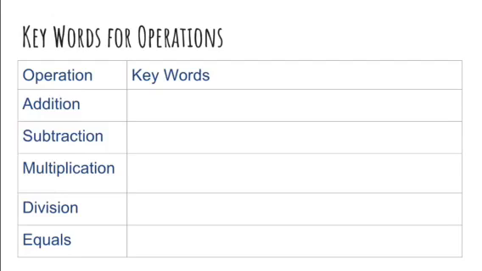You're going to have to know when the mathematical expression has addition, subtraction, multiplication, or division, and eventually you're going to need to know where to put that equal sign. So here are some keywords, not a list of every keyword, but it's the ones that are going to show up the most.